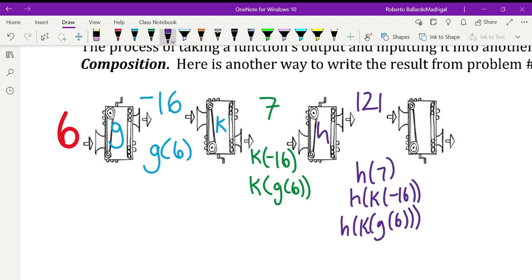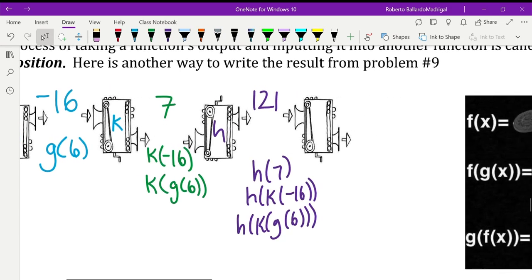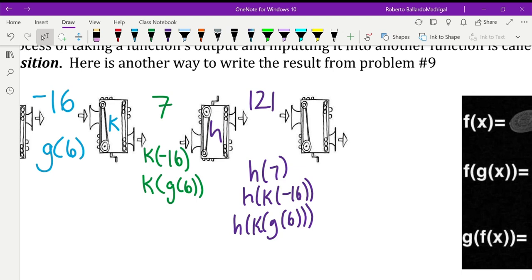What do you think the last one's going to look like? Well, numerically, the answer is 11. But if we're thinking about function notation, then it would be f of h of k of g of what number?